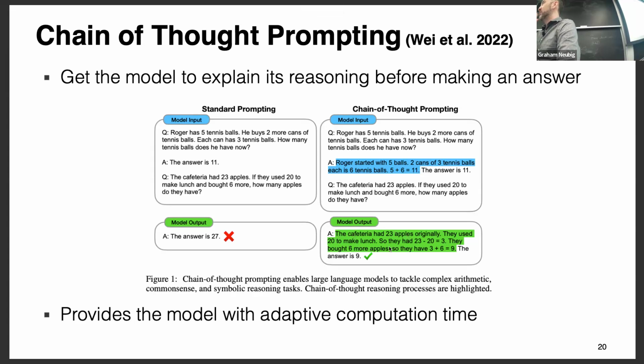And if you think about the reason why this works, I think there's basically 2 reasons. The first reason is it allows the model to decompose harder problems into simpler problems, and simpler problems are easier, right?